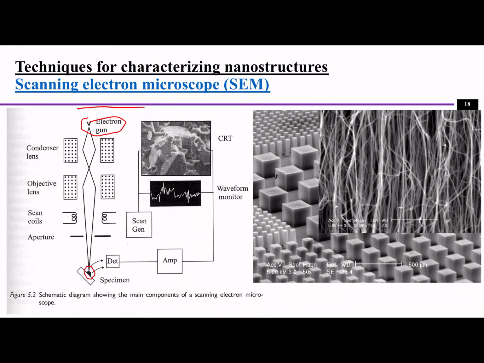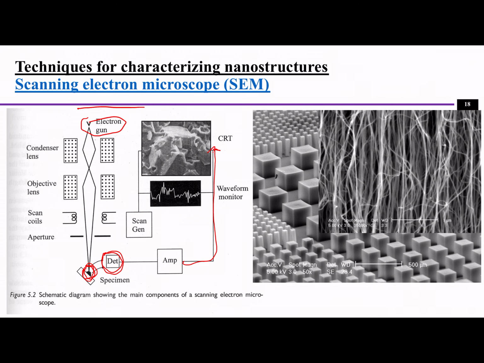You can see it's located here, and when the electrons hit, the specimen starts to emit electrons, and all these electrons can be detected here. By detecting all those emitted electrons, we can construct the images, right, on the screen.